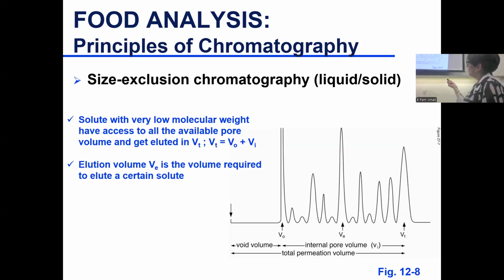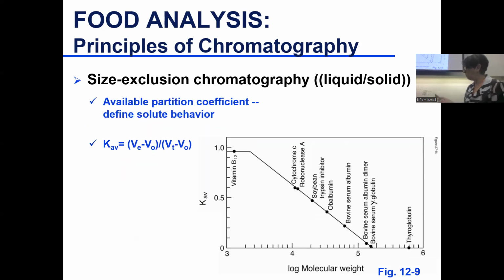For us, what's important is the elution volume. And using the elution volume, we calculate a constant, but we must know the void volume and we must know the total volume.